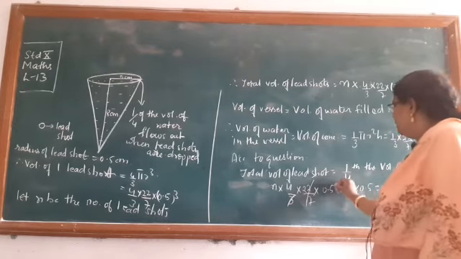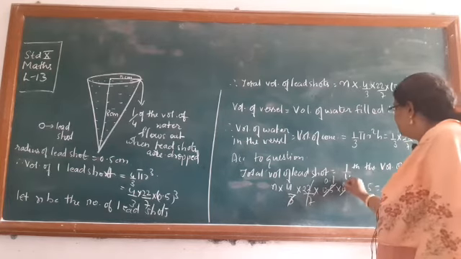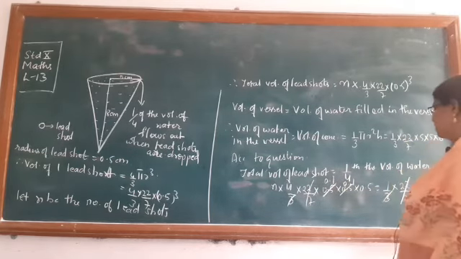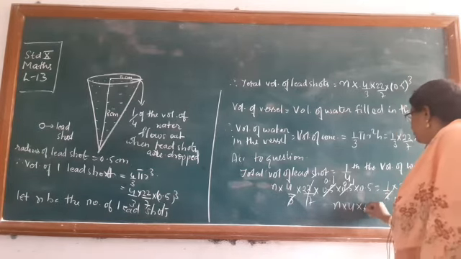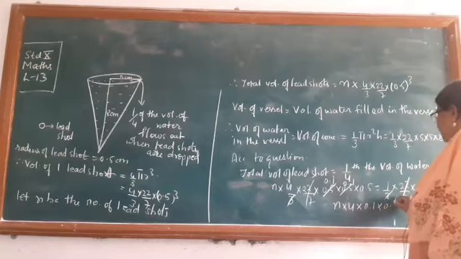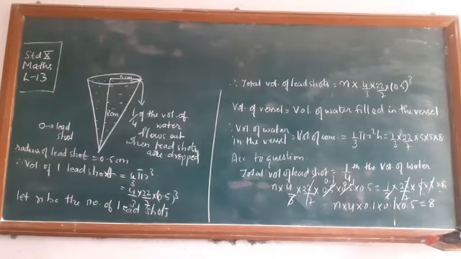Okay, ये 0.1 हो जाएगा और ये कैंसिल हो जाएगा, ये भी 0.1 हो जाएगा और ये कैंसिल हो जाएगा. So here n into 4 into 0.1 into 0.1 ऐसे होगा into 0.5 which is equal to 8 ऐसा होगा.